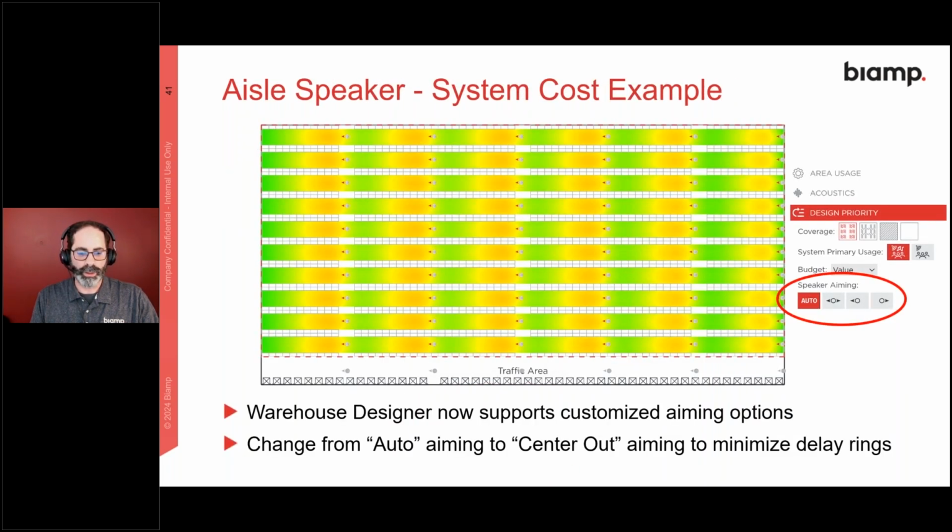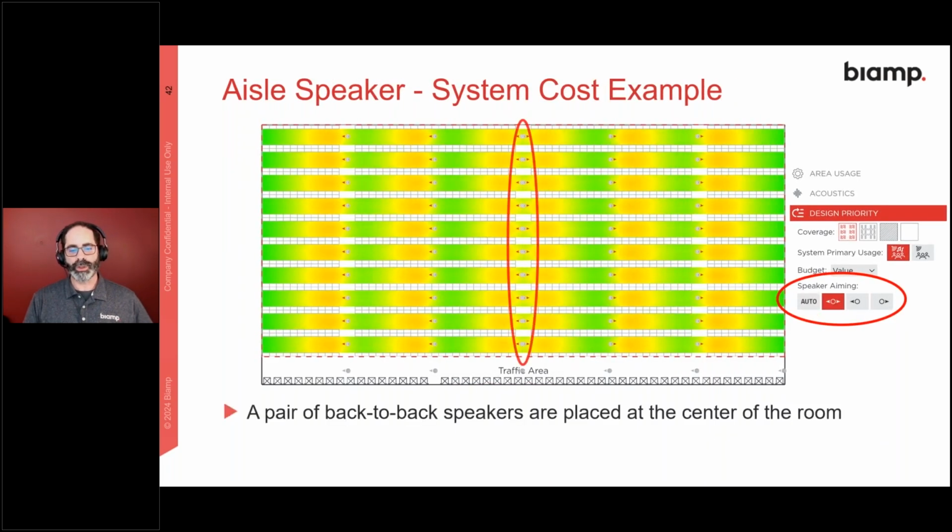So you make that selection, and it switches to this start at the center and work to the ends method. And so now we have pairs of, in this case, CCA 80s at the center. It actually could be other speaker models. You're not restricted to only using this with that speaker.